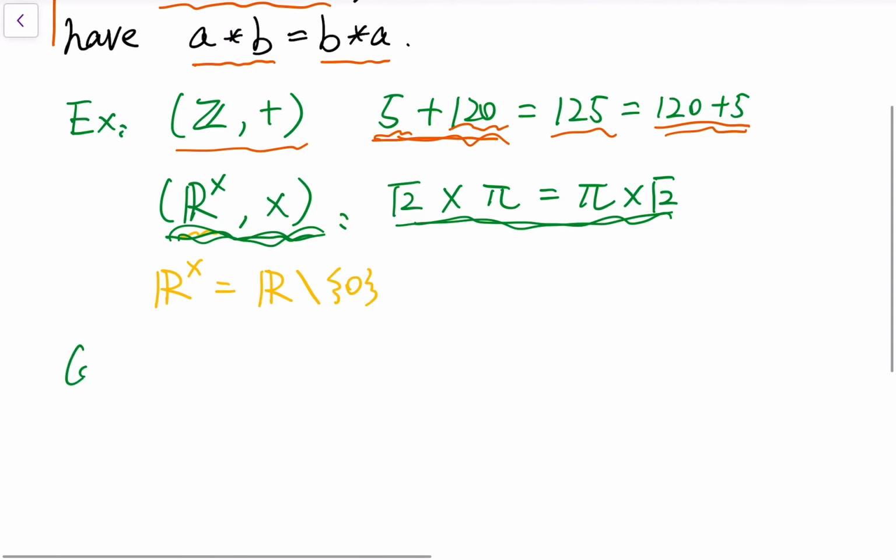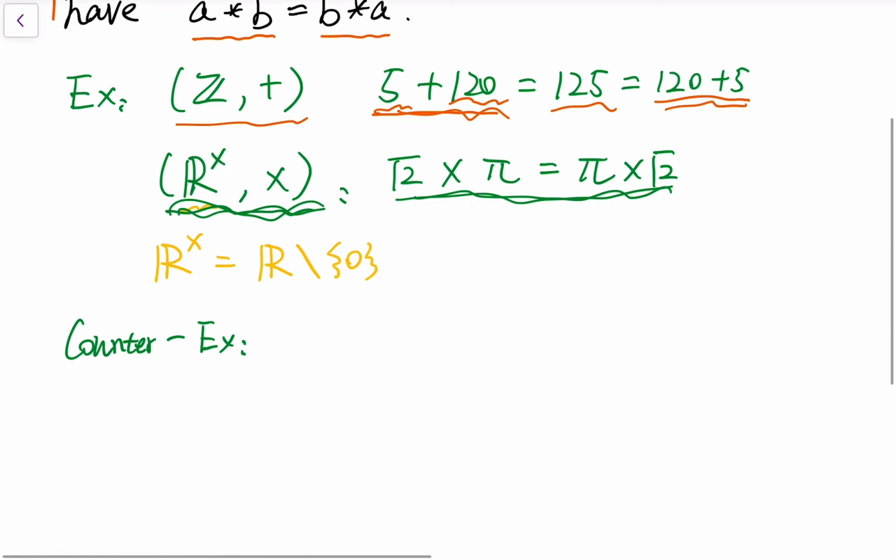And there is a very commonly used counterexample, that is matrices. If you learned about matrices or linear algebra, you will know that matrices generally do not commute under matrix multiplication.